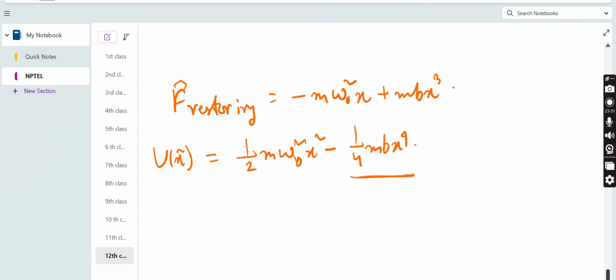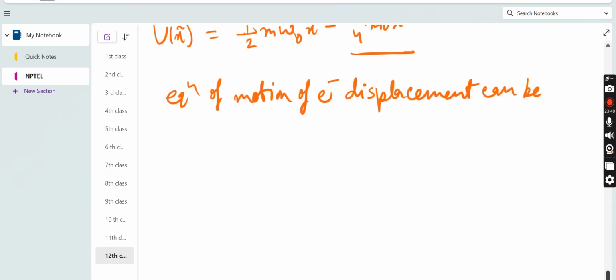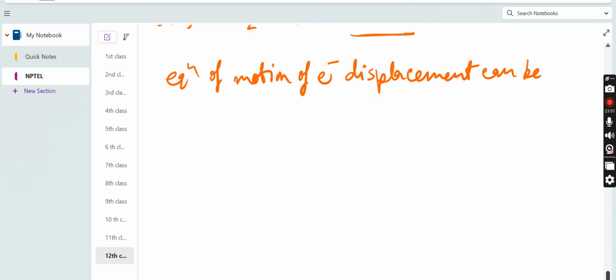So the equation of motion of electron displacement can be written as, to avoid the confusion, you can write it in terms of r.